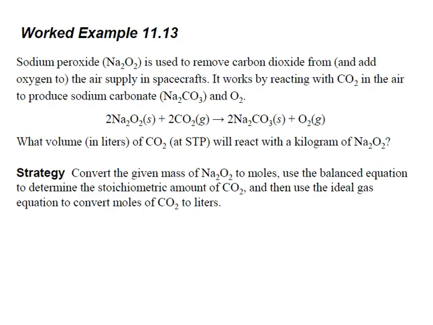The strategy here is to take our given mass of our sodium peroxide, calculate that to moles. We can do that from knowing our just standards and use our balanced equation to determine our stoichiometric amount of carbon dioxide. And then it will ultimately use our ideal gas equation to convert moles of carbon dioxide to liters.